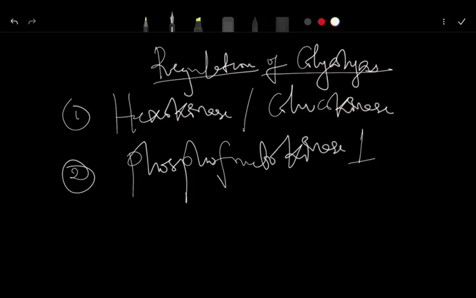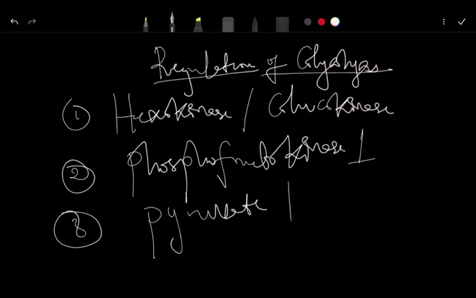Then the last step is catalyzed by pyruvate kinase. These are the irreversible steps of the glycolytic pathway: hexokinase or glucokinase, phosphofructokinase 1, and pyruvate kinase. These are the irreversible steps of what? Of the glycolytic pathway.